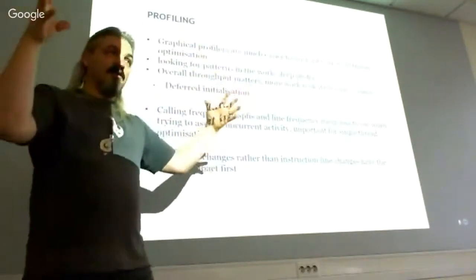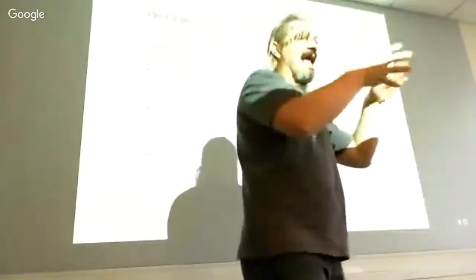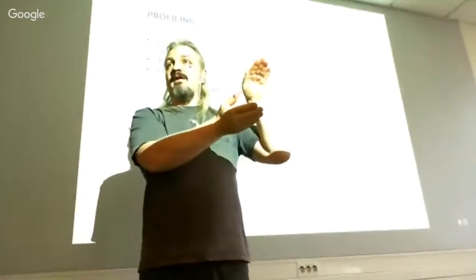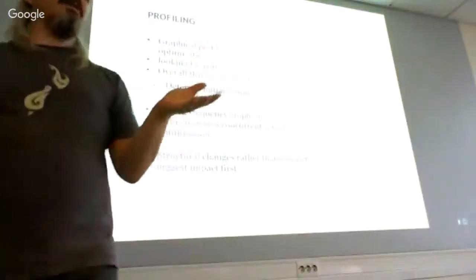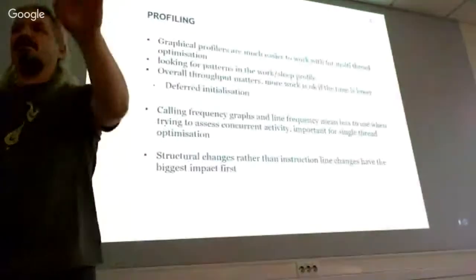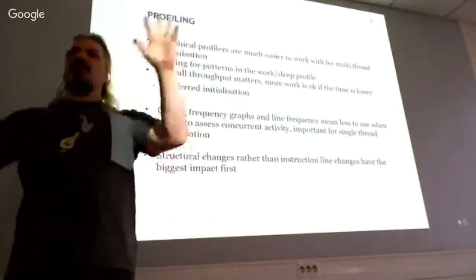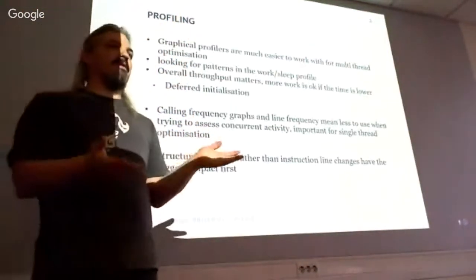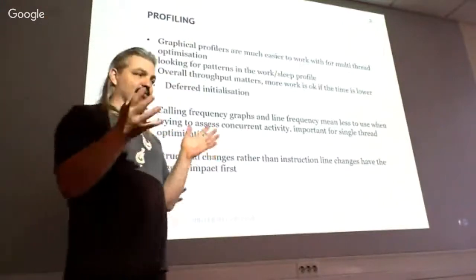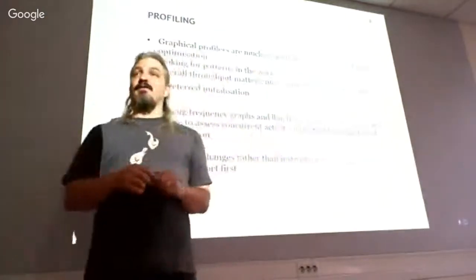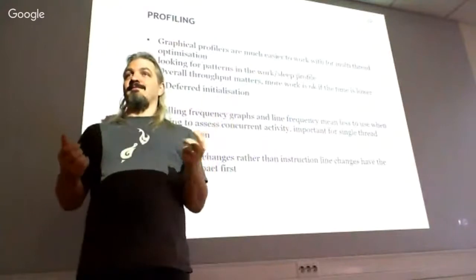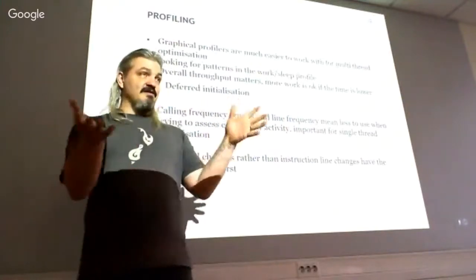So if you really want to know exactly how often a function is called, just sampling won't tell you that, right? Sampling will just say, oh, there was a line of code here, and a line of code here, and a line of code there. These lines of code happen to be the ones that were in the CPU when I asked, right? But with instrumentation, you say, oh, that function ran 32,000 times because I've instrumented it.